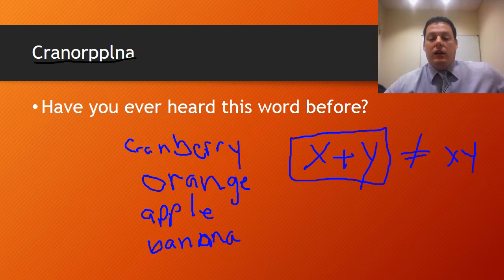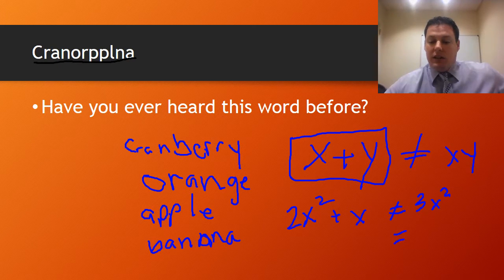Another thing we cannot do: 2x squared plus x does not equal 3x squared. It also does not equal 2x cubed.